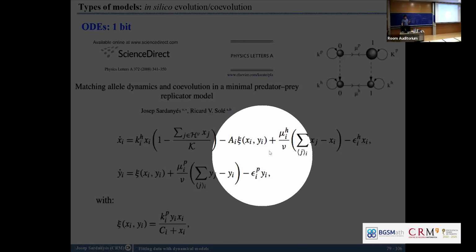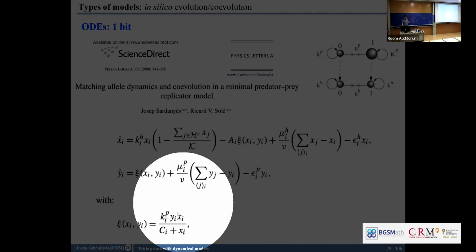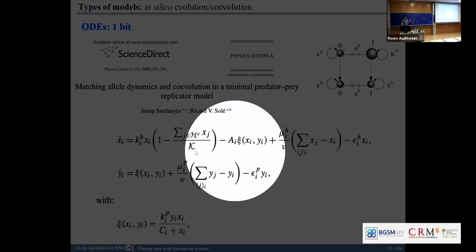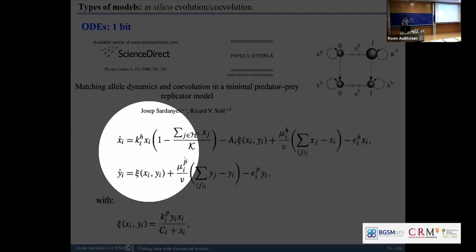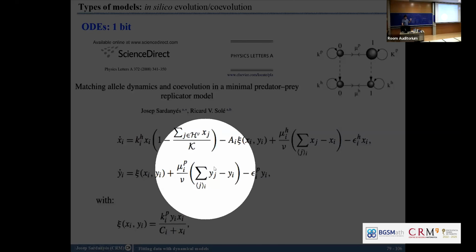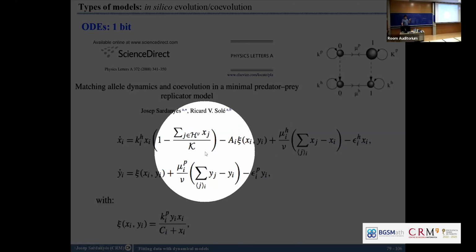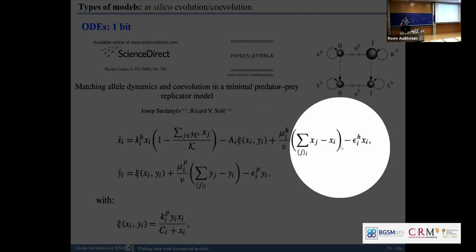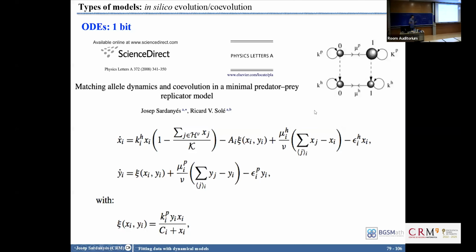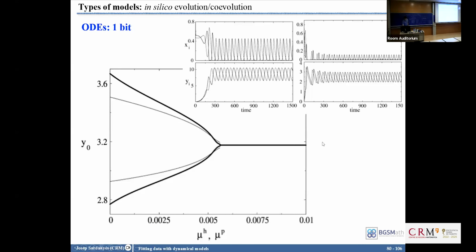This is the predation, a Holling type 2 function that we explained the first day. These are the preys, with logistic growth and predation by the predators Y, but they can change between 0 and 1. And this is the mutation term, or diffusion term, that makes the species move in the sequence space, and some decay. So this system has a periodic orbit.